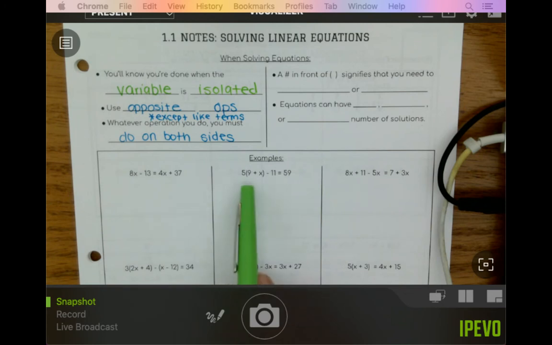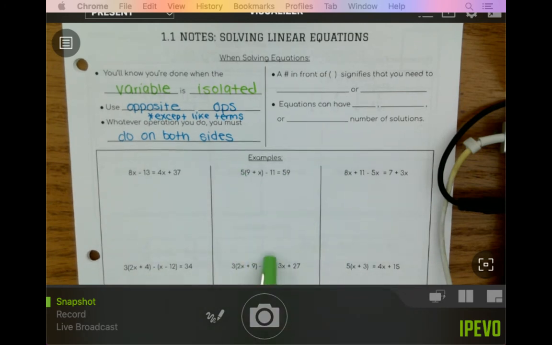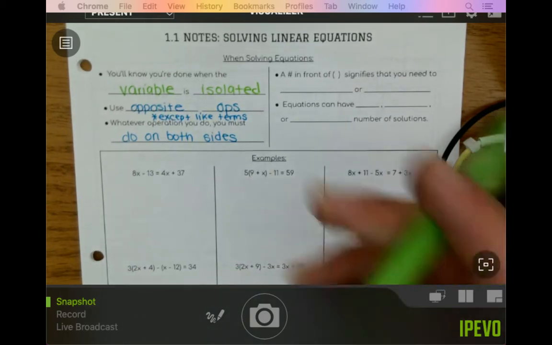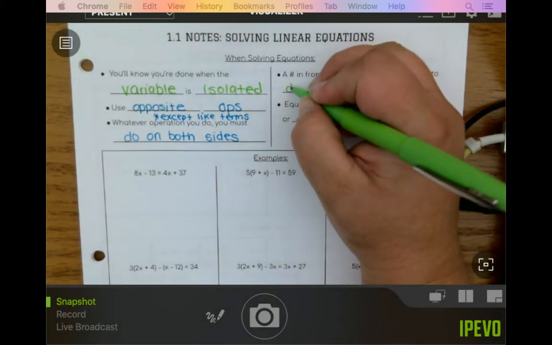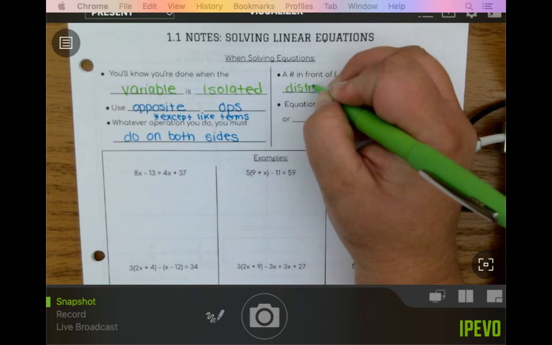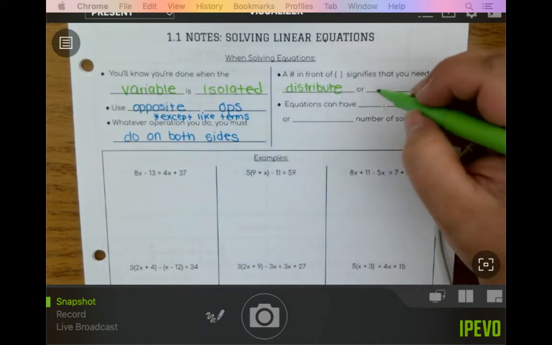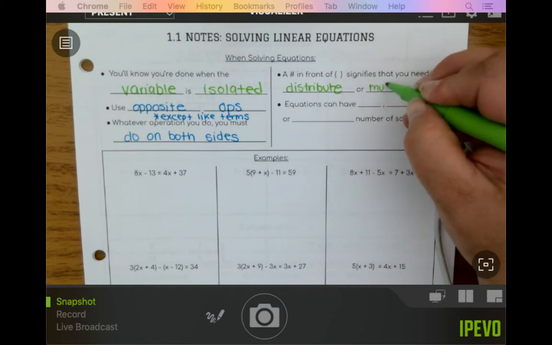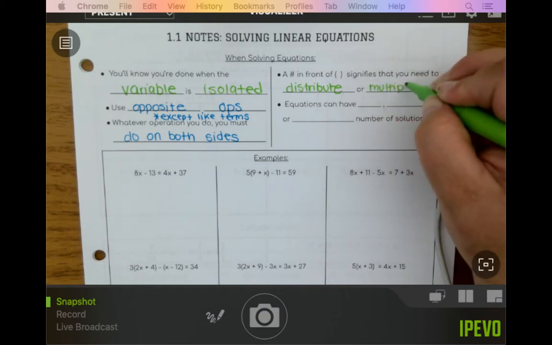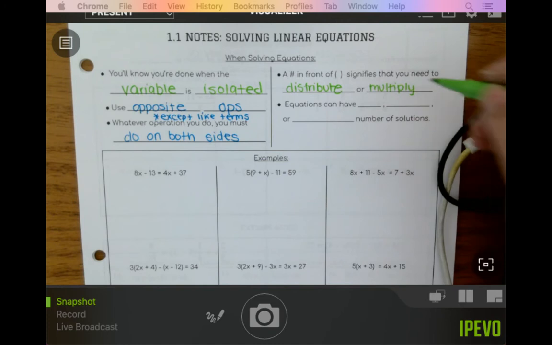Whenever you see a number in front of parentheses like this one or the bottom 2, actually all the bottom 3, you're going to distribute. Distribute is the correct term for that. You're basically multiplying when you do that. So if you call it multiplying, you're not really wrong.